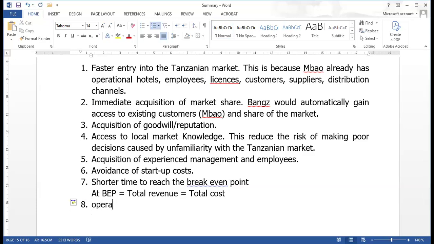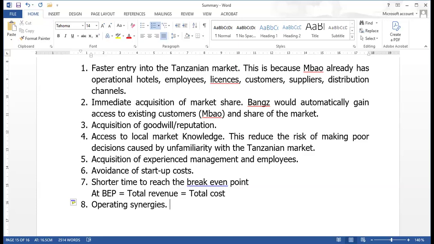You have the operating synergies as well. The operating synergies whereby Baganzi and Mbayo may have different strengths that can be combined. You may find that Baganzi may have better technology, better financial systems, or management practices. Then you find that Mbayo has a stronger local market, local knowledge, and customer relationships.